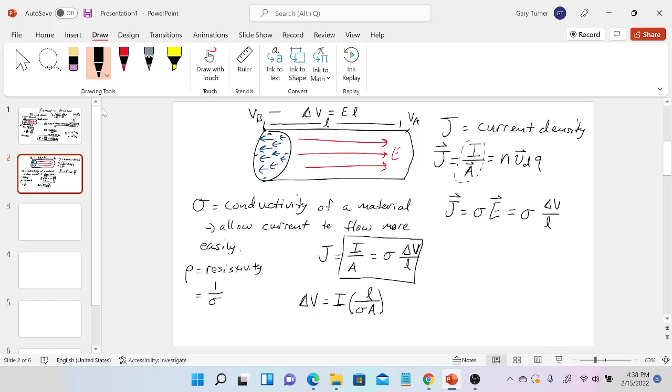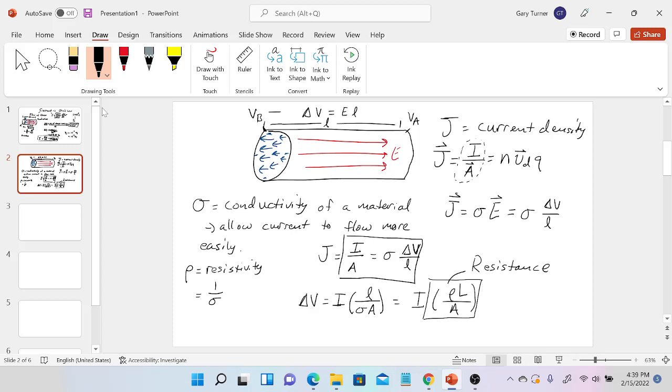So, with this definition, what we can say is that delta V is equal to I times rho L over A. Now, this quantity, rho L over A, is the quantity that we call the total resistance.